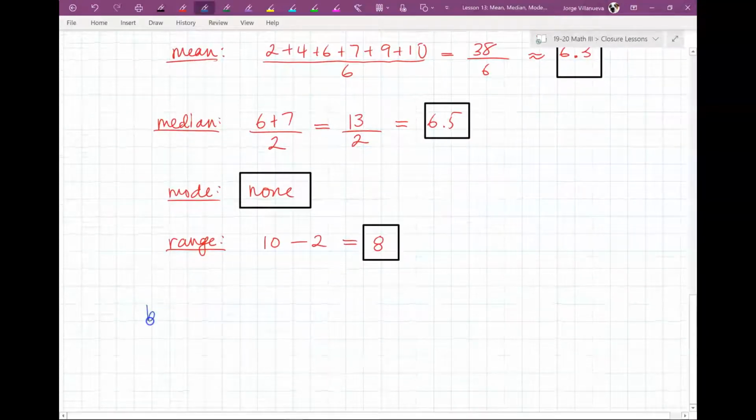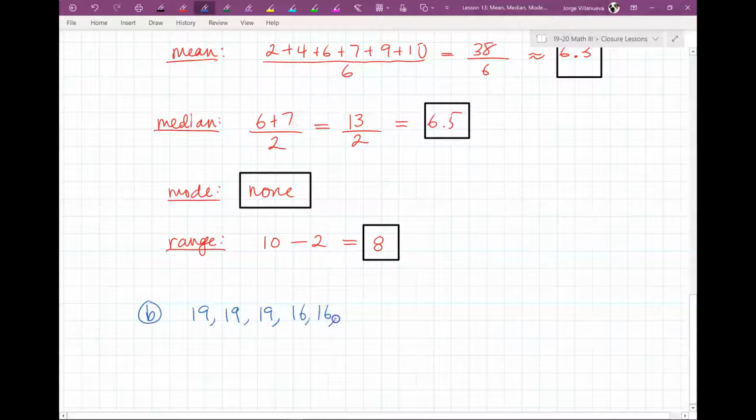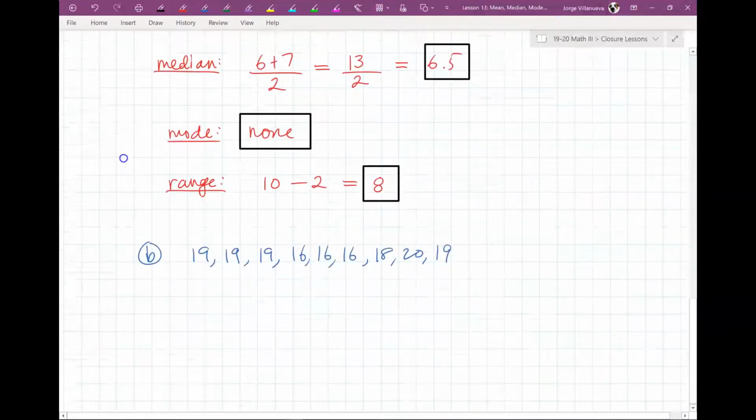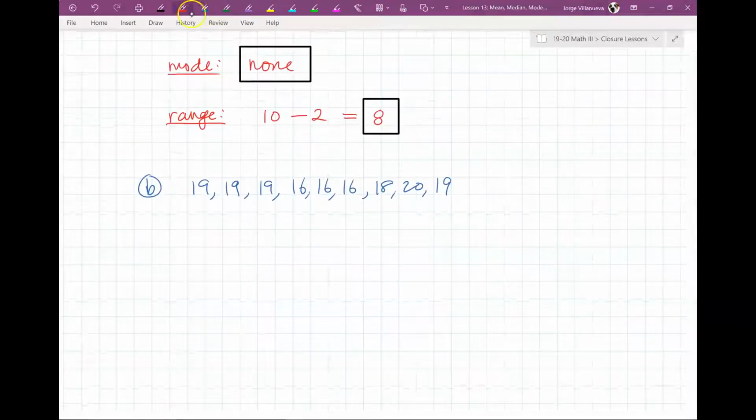So part B. Here are the numbers. 19, 19, 19, 16, 16, 16, 18, 20, 19. So step one, organize these things. So my smallest number is 16.